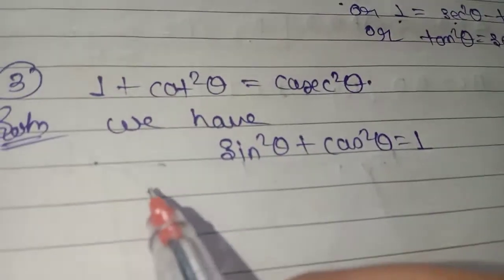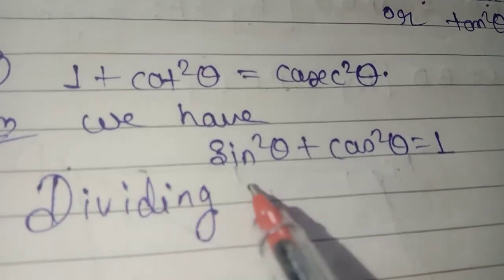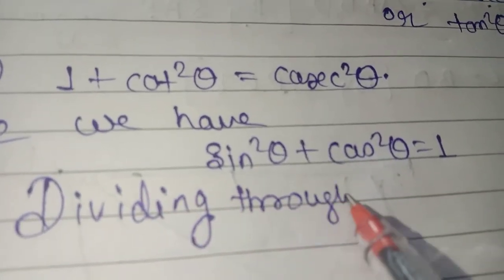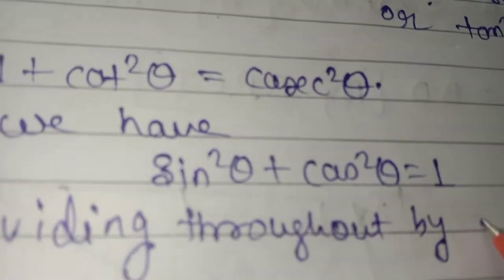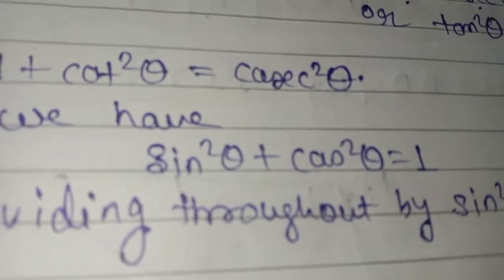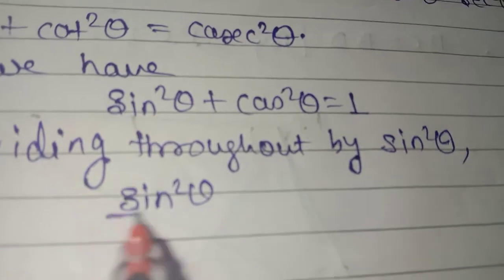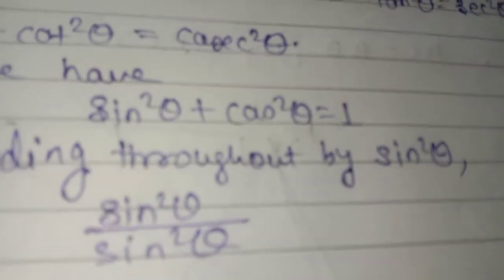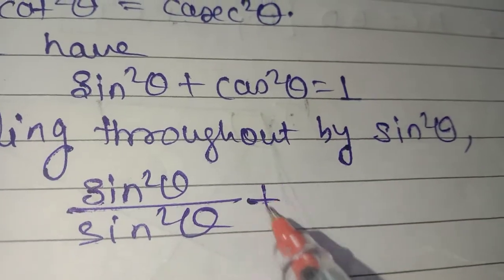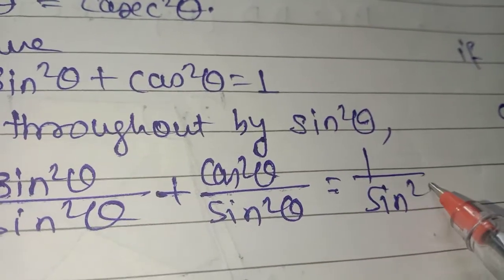So we'll write here, dividing throughout by sin square theta. So what will we get now? I will write here sin square theta upon sin square theta plus cos square theta upon sin square theta is equal to 1 upon sin square theta.